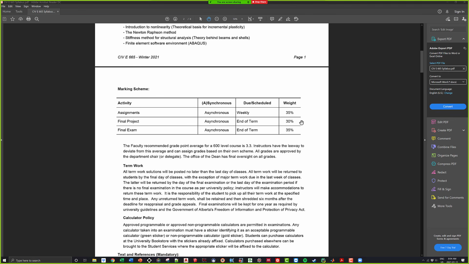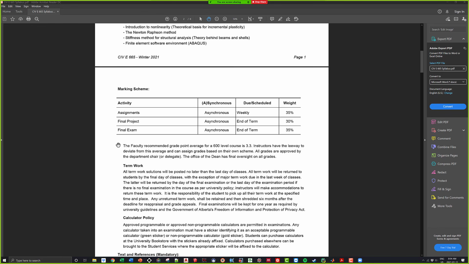So if you are doing research, and let's say you are, for instance, studying the buckling of a steel beam, that would be a very good project for this class. You can show how to use the finite element method and a finite element program to solve that particular problem. So the final project, we'll talk again a little bit later, but it should be a nice, fun way to introduce yourselves to finite element programs and show that you can solve problems using them.